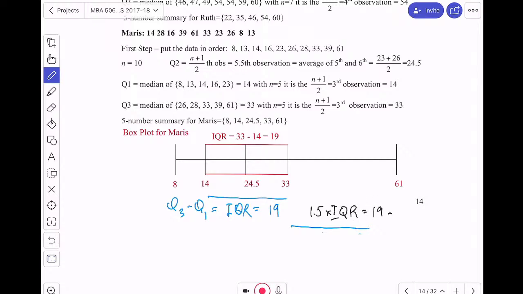So it's 19 plus a half of 19. And half of 19 is 9.5, right? Or you do that by 1.5 times 19, which is 28.5.